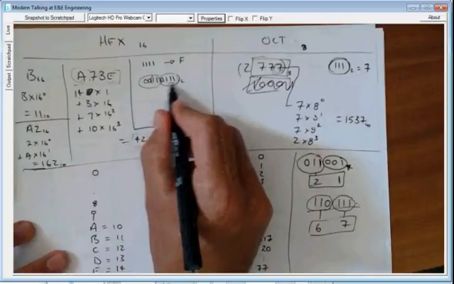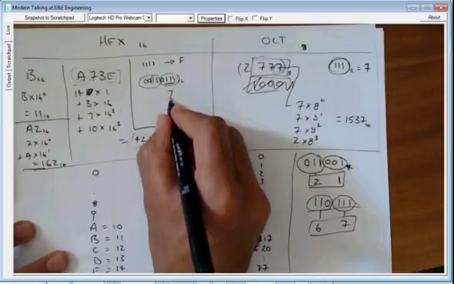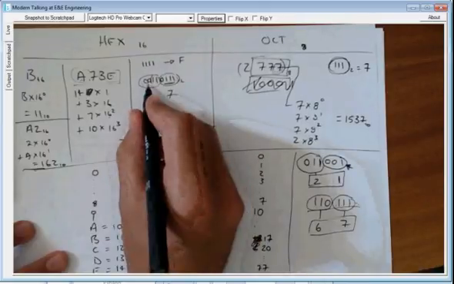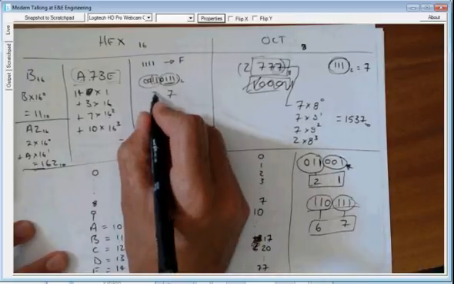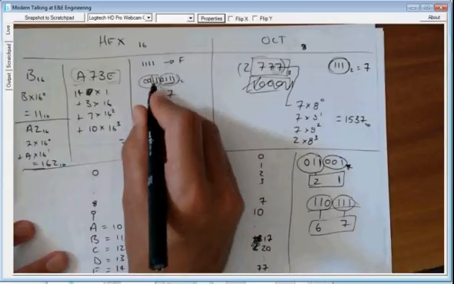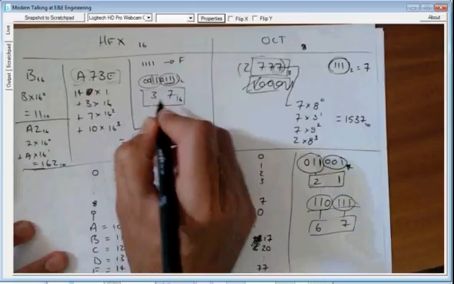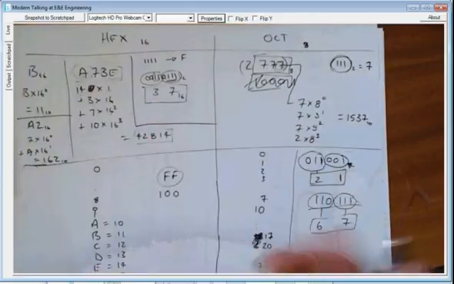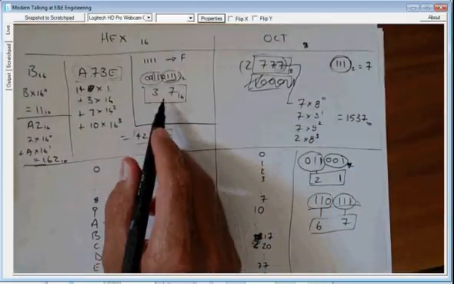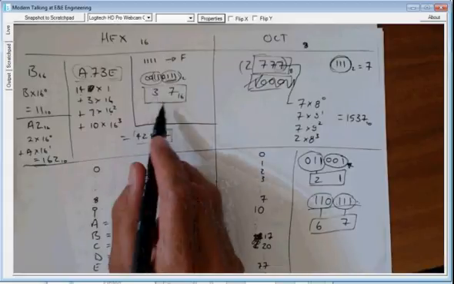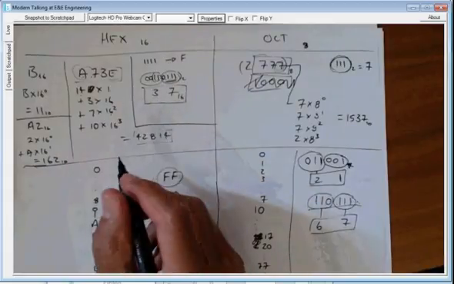Those 4 bits there represent the number 7. These 4 bits here represent the number 3. You can calculate it. That's 7, that's 3. So this is 37 in hex. So you've reduced the number of digits to a very small number, representing the same weight, because we're using more symbols per digit.